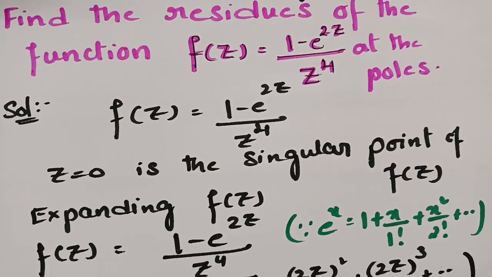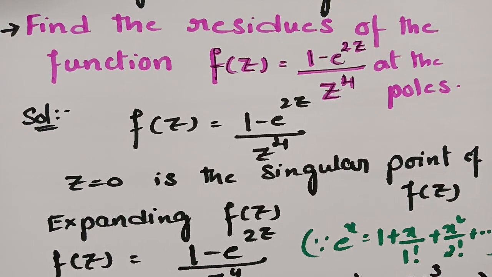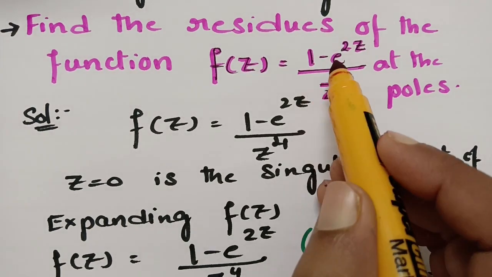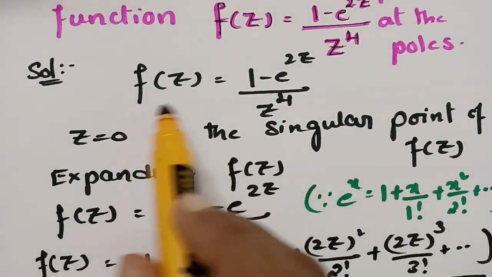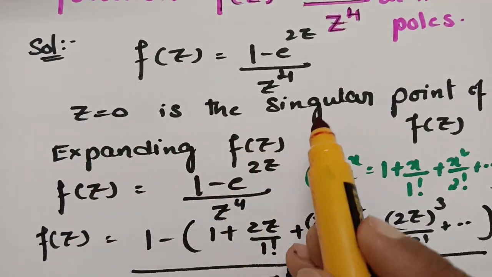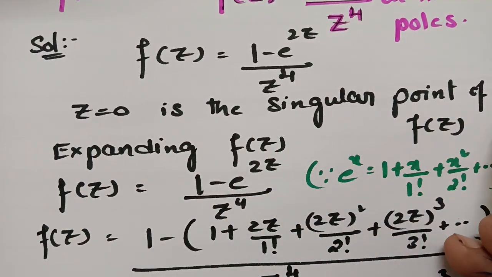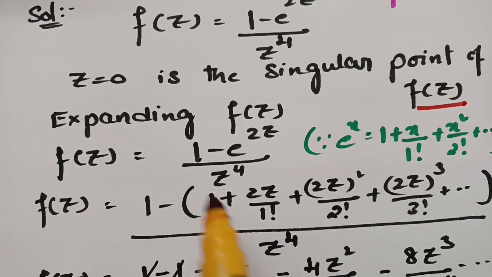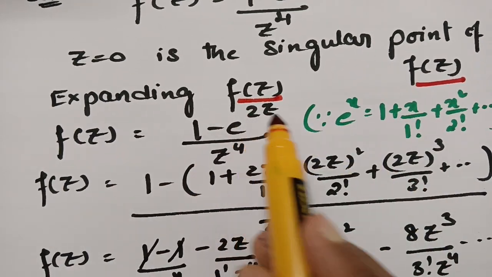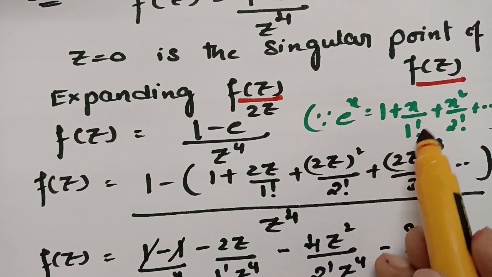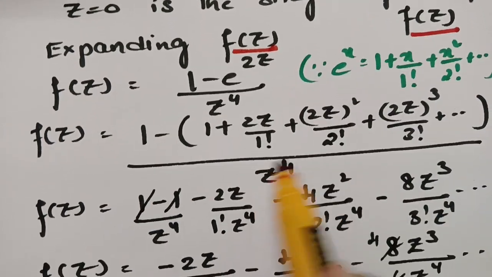Let me explain once again. Here we have to find the residue of f of z is equal to 1 minus e power 2z by z power 4 at the poles. So f of z is given like this. z is equal to 0 is a singular point of the function f of z, and we expand f of z. We expand e power x as 1 plus x by 1 factorial plus x square by 2 factorial and so on.